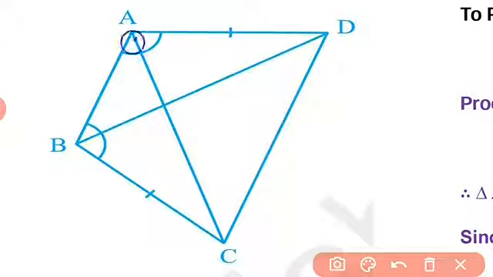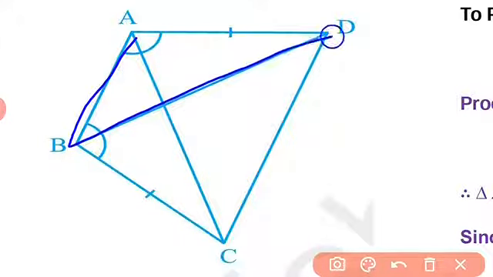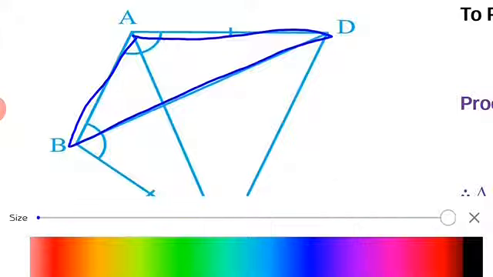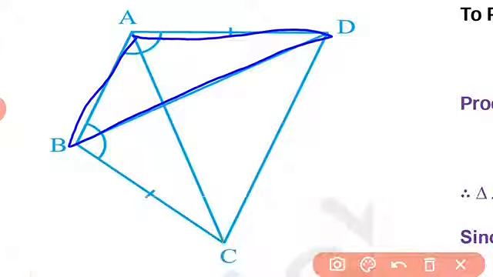The first triangle is triangle ABD. The second triangle is triangle BAC. So we got these two triangles.